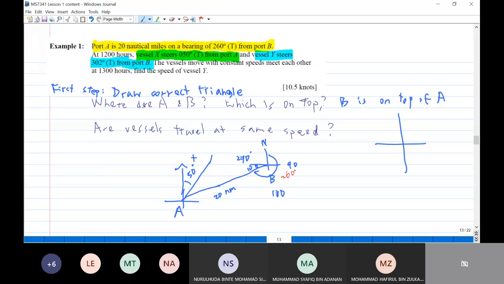It's actually near the North Pole, north side. 302, okay, this is 0, 90, 180, 270, and then go back to 360, right? Whole cycle 360. So 302 is actually on the upper side here. So that means this direction.